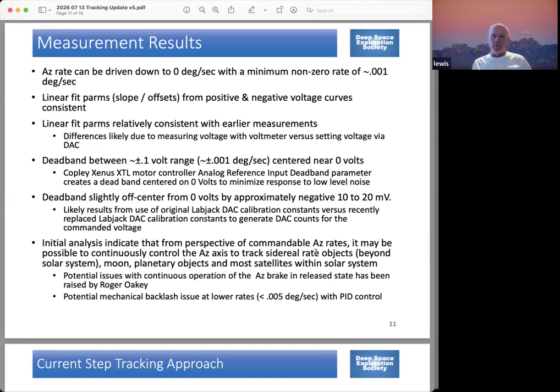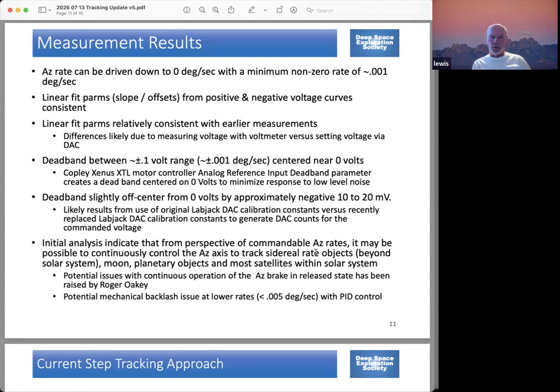We found that the linear fit parameters, slope and offsets, basically the slopes were consistent, the offsets were different. And the linear fit parameters were relatively consistent with our earlier measurements also. So that was good.